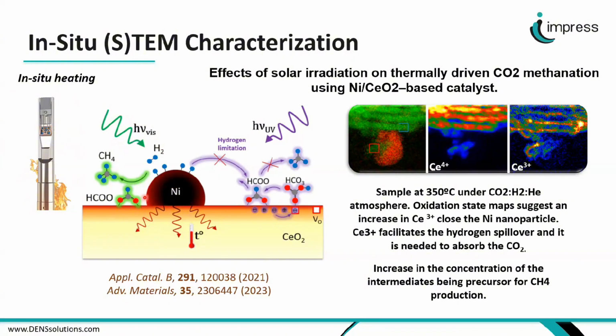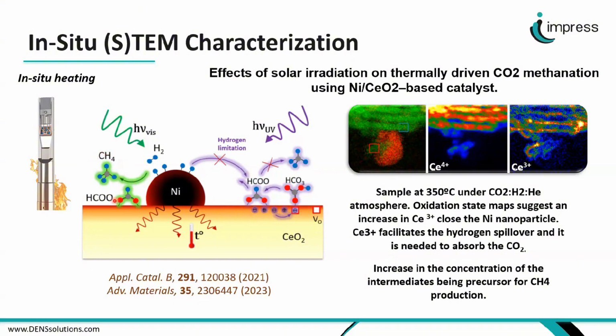Thanks to this increment of temperature, in a reductive environment using hydrogen plus CO2, the hydrogen splits on the nickel surface, giving some protons, and at the interface we produce the reduction from cerium 4 to cerium 3, the hydrogenation of the CO2 producing some carbonate, and then finally the reduction to obtain methane.